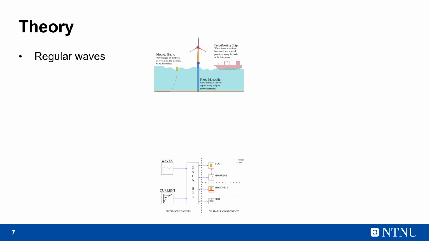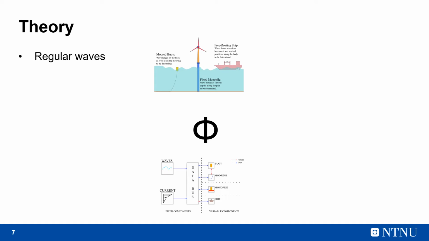Looking at regular waves through the keyhole bounded by the limitations of the potential theory, we see that the parameter of interest is the velocity potential. Once the velocity potential is known, other wave properties like the sea surface elevation, the water particle kinematics, and the fluid pressures can then be determined.